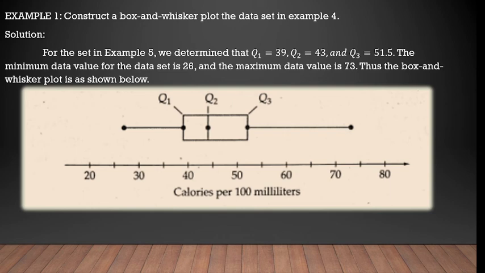As you can see, our minimum data value is 26 and our maximum is 73. We draw the horizontal line which extends to the minimum value and the maximum. Our quartile 1 is 39, so it is near 40.